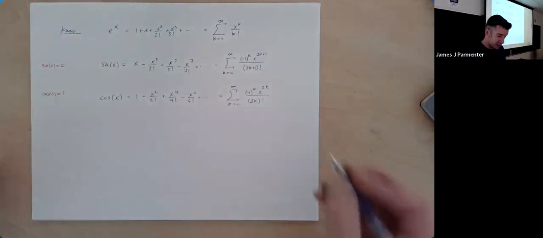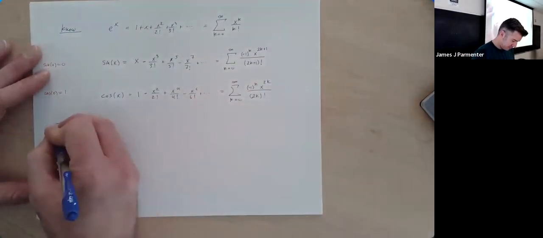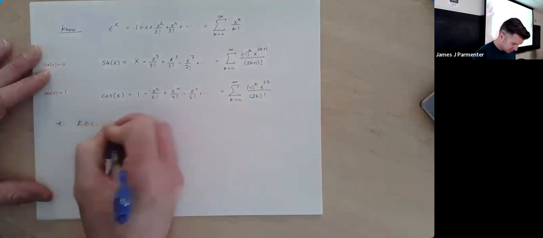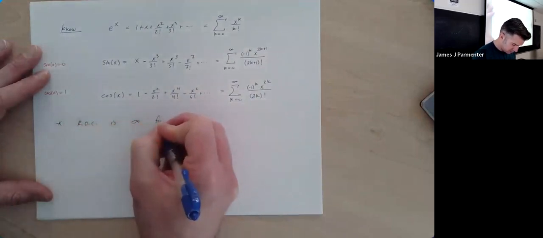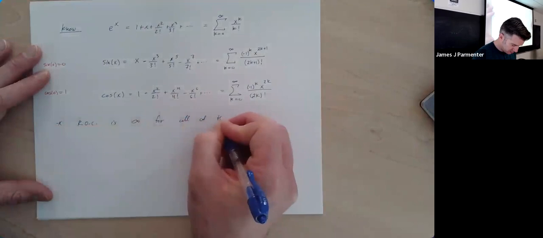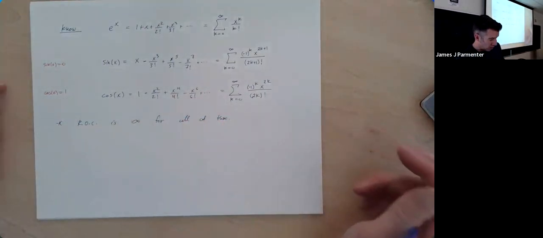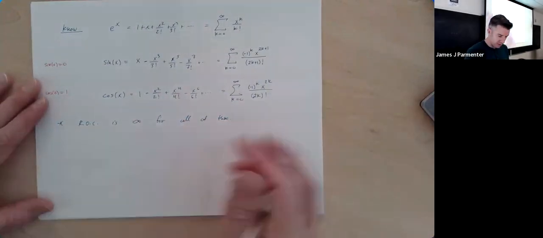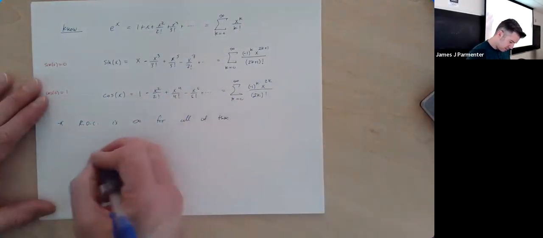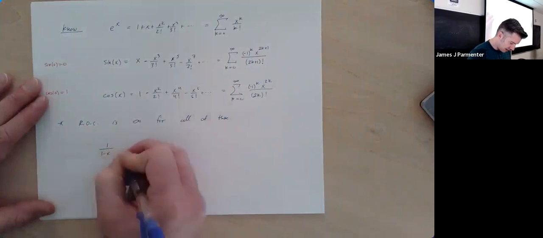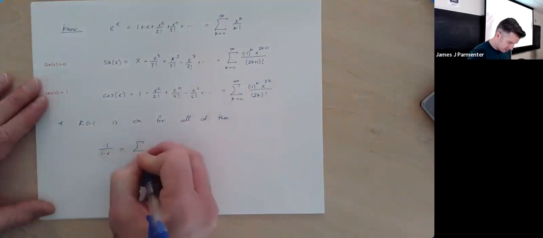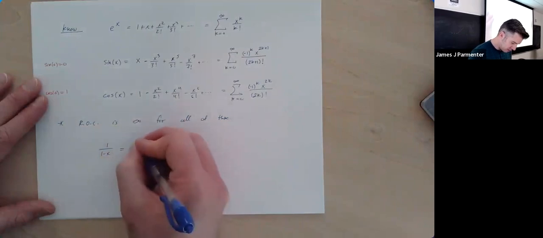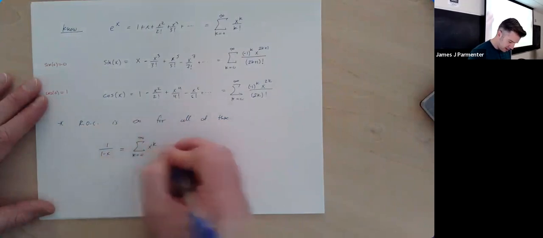So for all of these, the radius of convergence is infinity. And then, of course, the one we just did, the radius of convergence is 1. As a reminder, 1 over 1 minus x equals the sum from k equals 0 to infinity of x to the k.